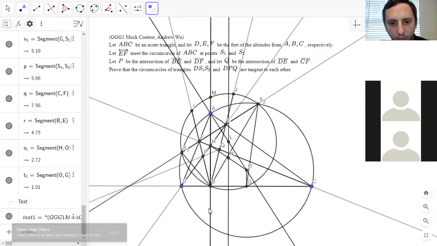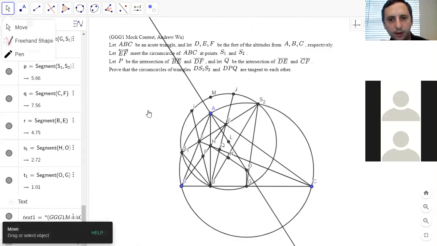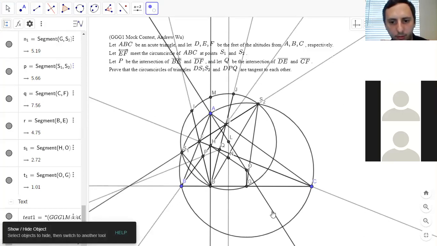All right, so let me hide a couple of things. First, I'm just going to assume the fact about that nine-point center, and then I might get back to it later.